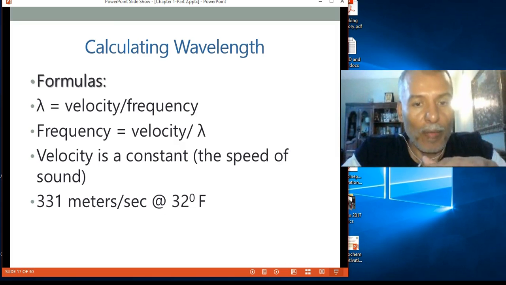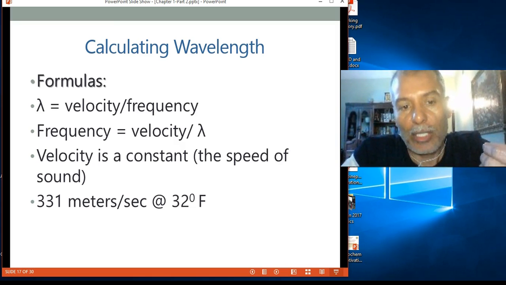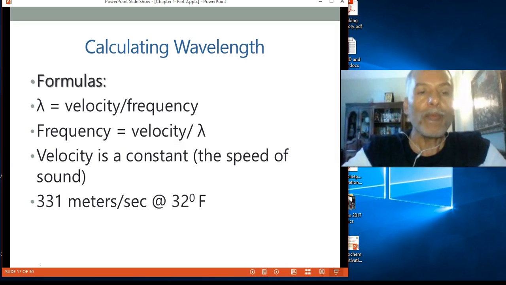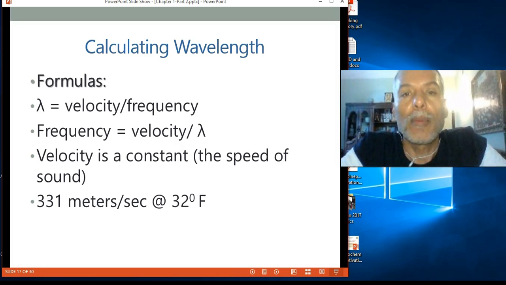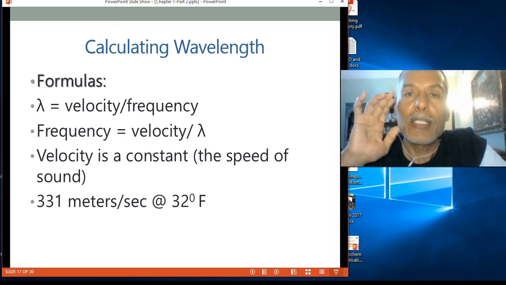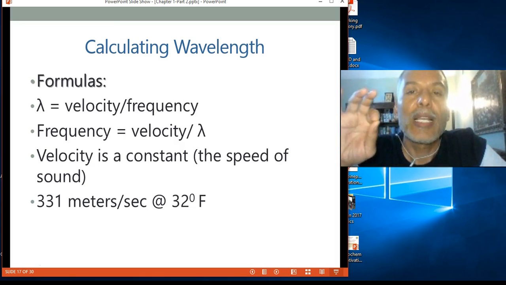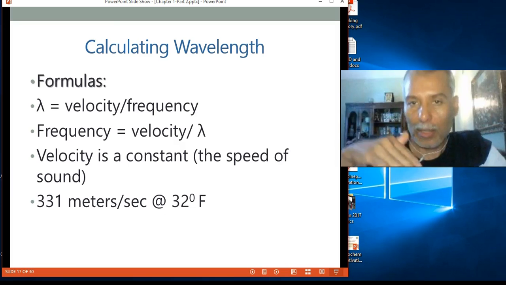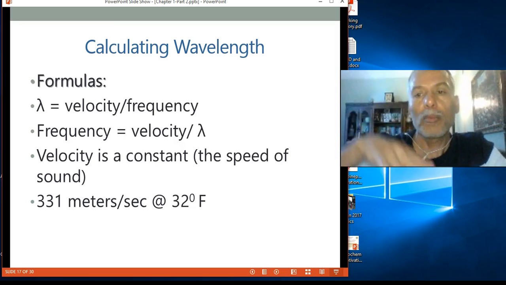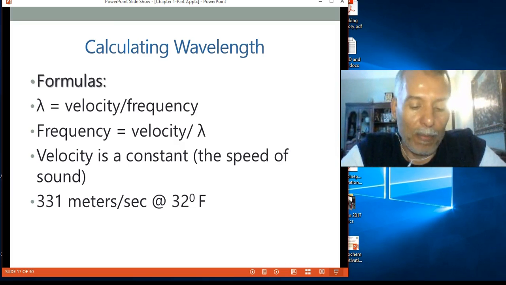The pressure, sea level, and freezing temperature. You will find some other sources will say 330 meters, but that is fine. So 331 meters per second at sea level at freezing temperature, because we understand that if you go higher or lower, the pressure is going to change and so on.